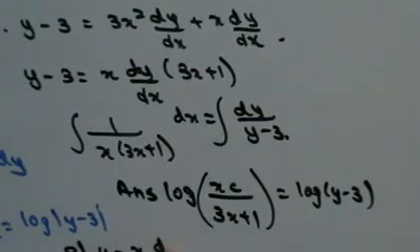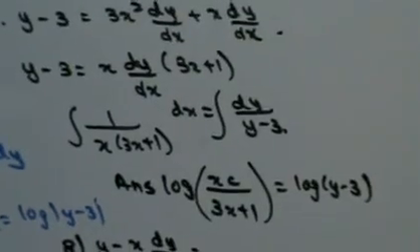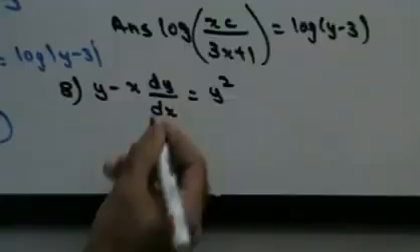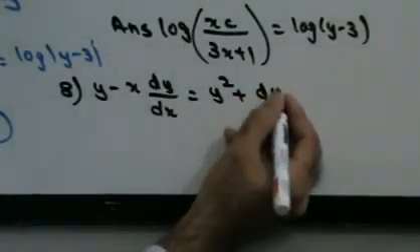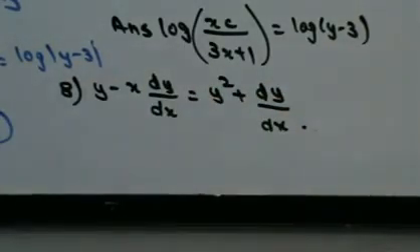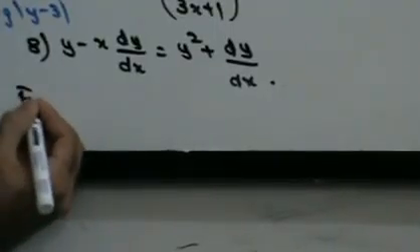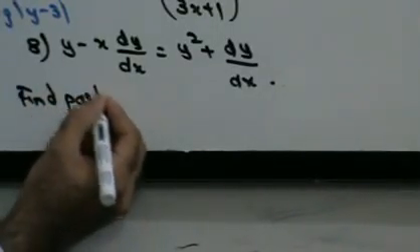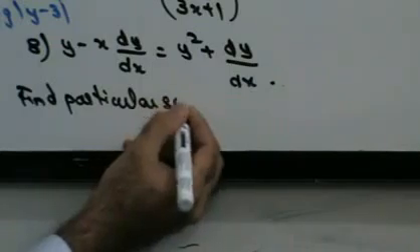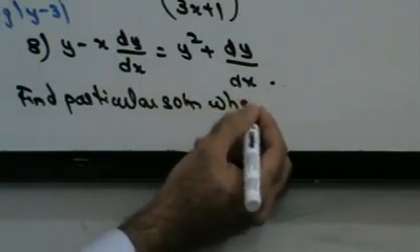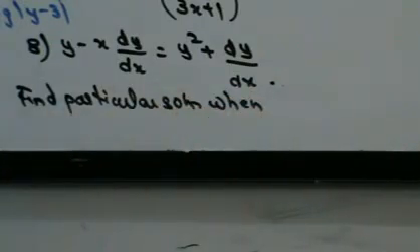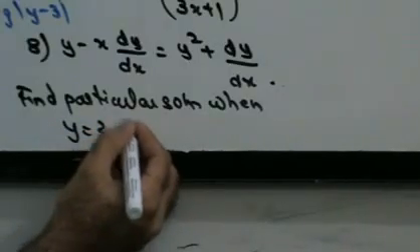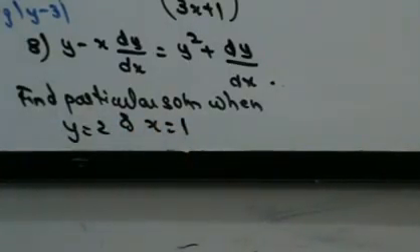y minus x dy by dx is equal to y square plus dy by dx, right? And they will also ask you to find the particular solution when y is 2 and x is 1, right?